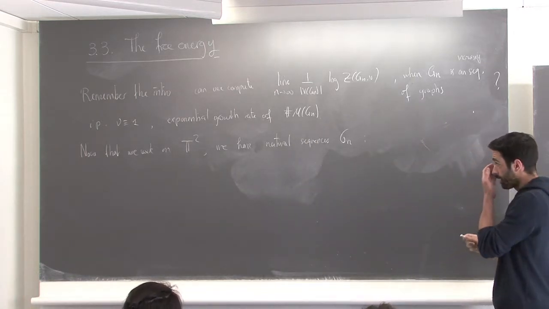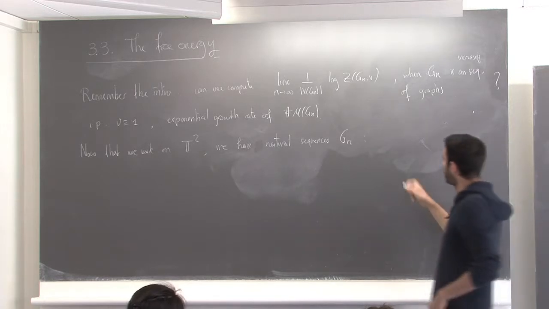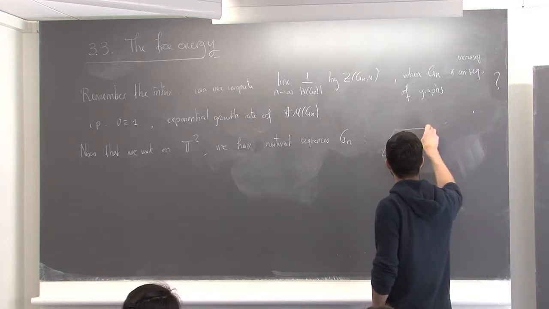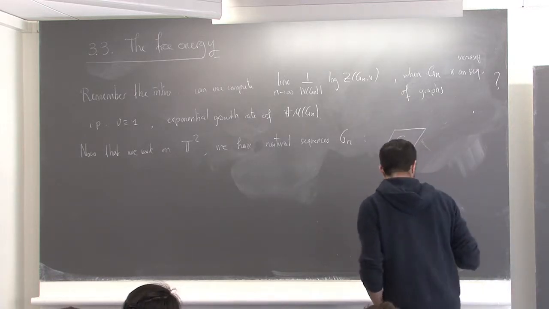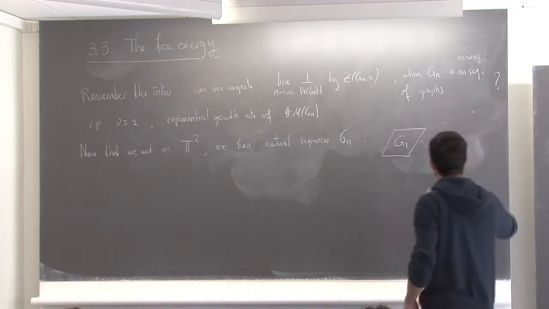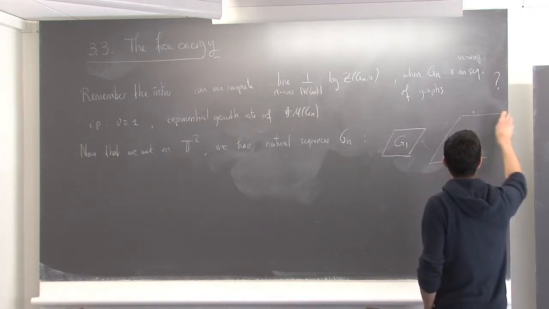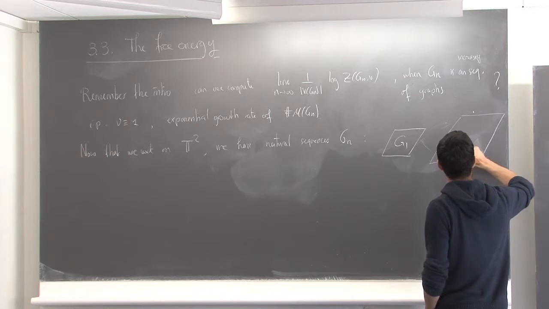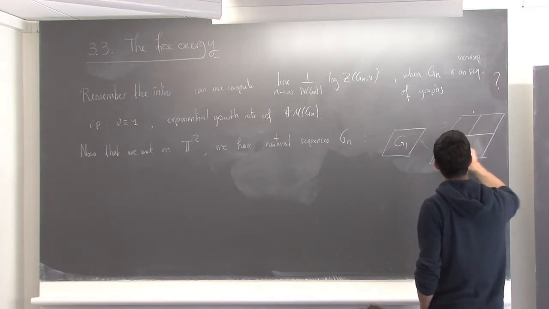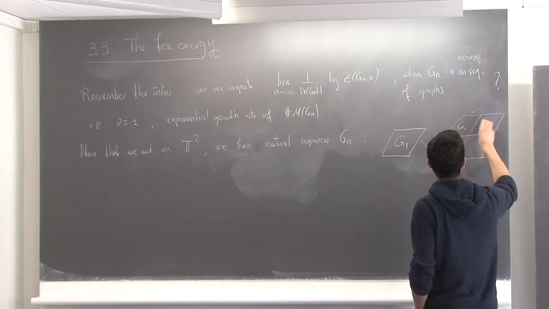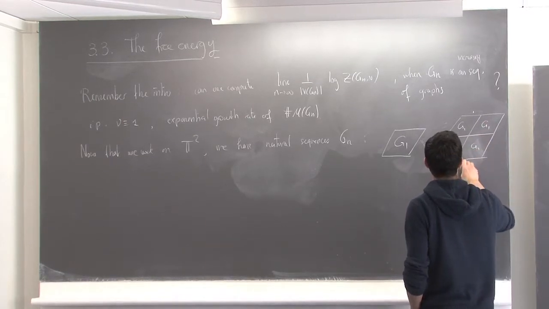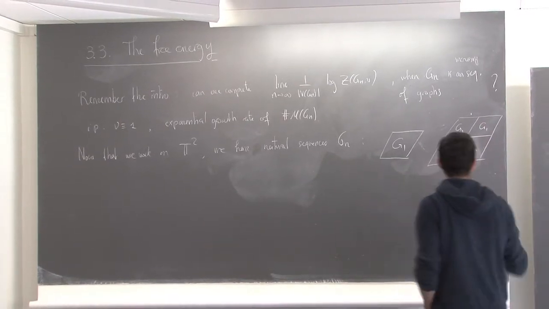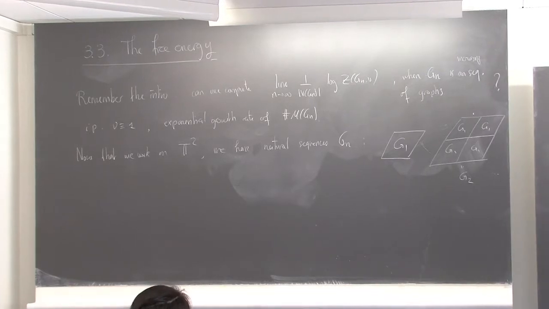Namely, as I explained last time, you start with one toroidal graph, that you call G1, and then you just make copies of them. So this would be G2. Etc.